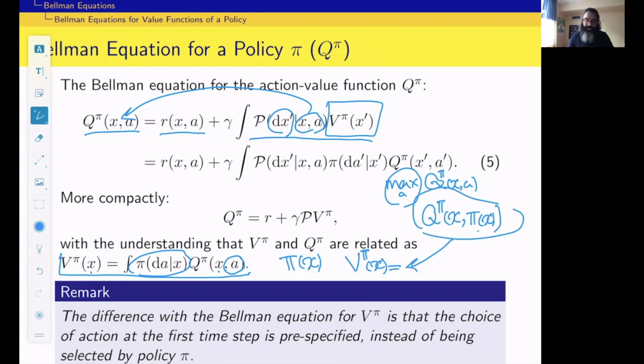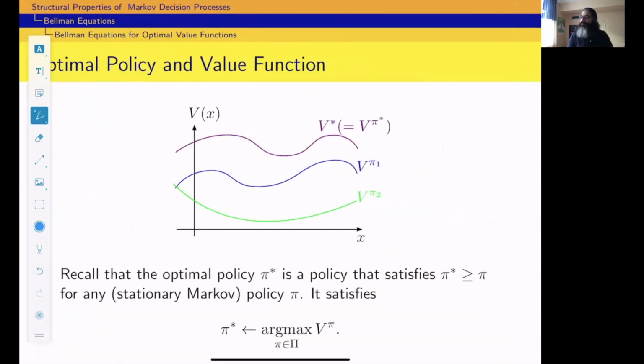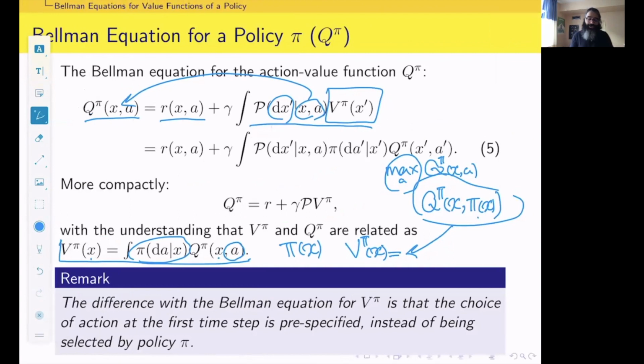So I don't write the Bellman equation for the deterministic policy case, but we also have that, and actually it might be more common to see it throughout this course. Okay, so that's the definition of the Bellman equation for a policy pi.